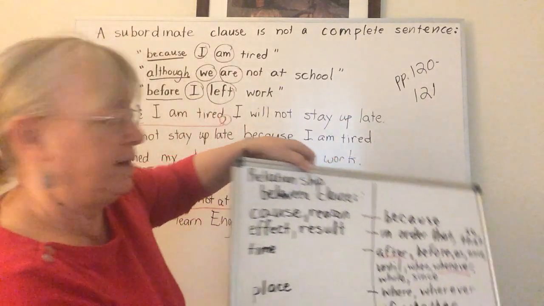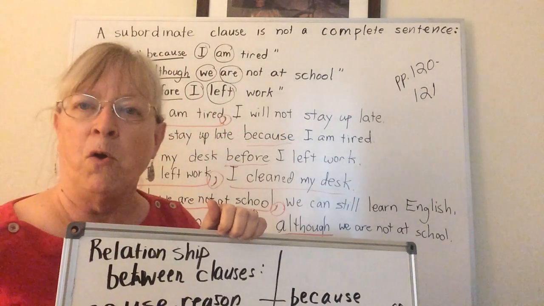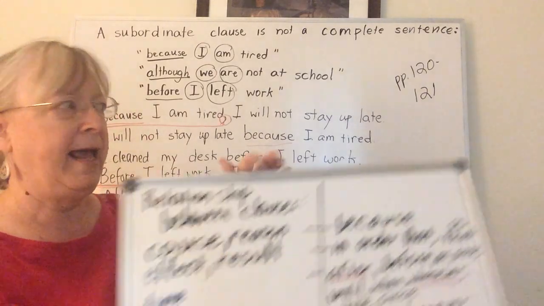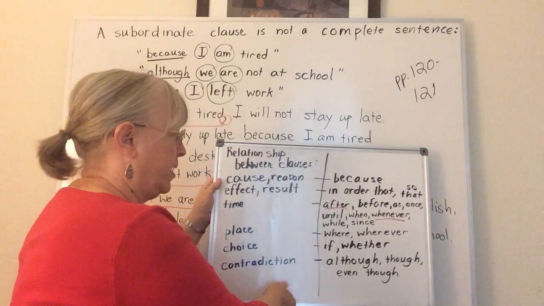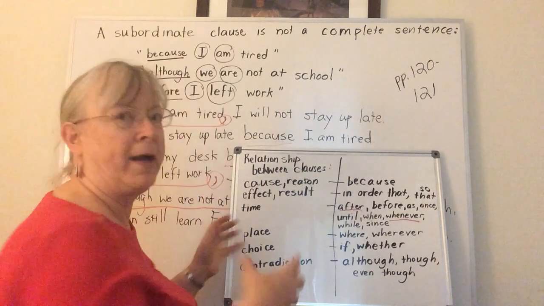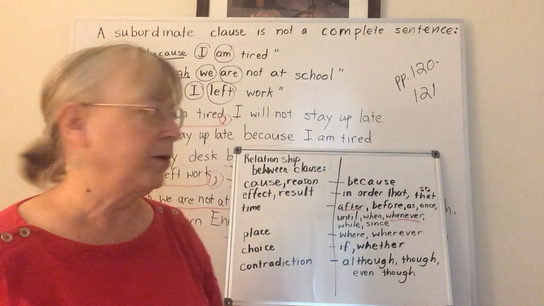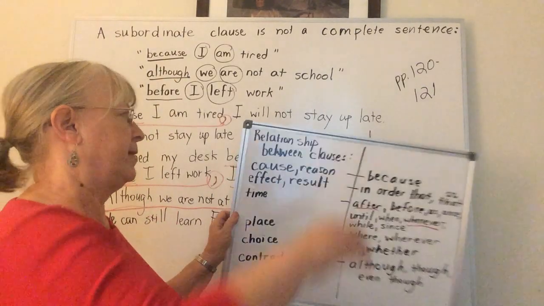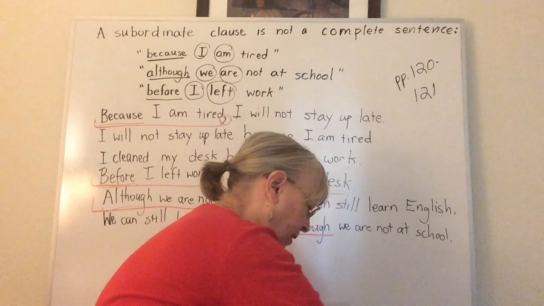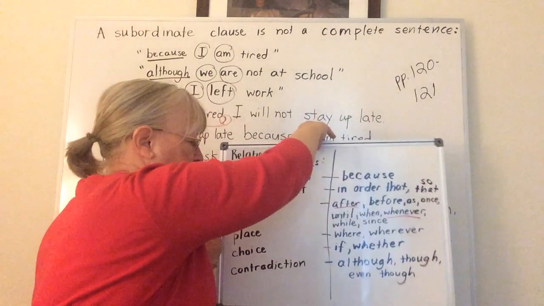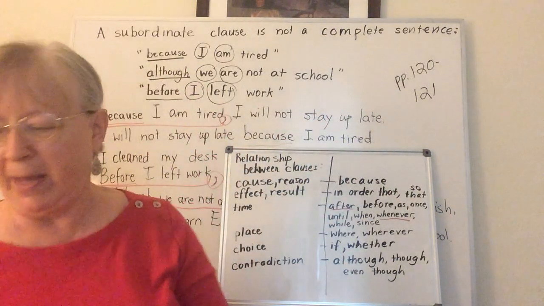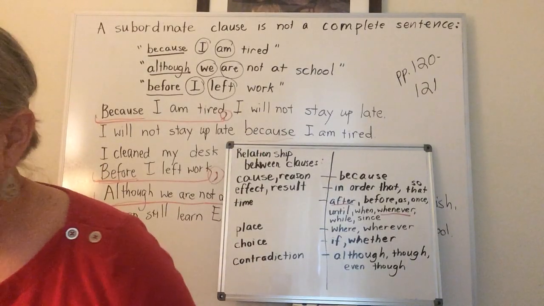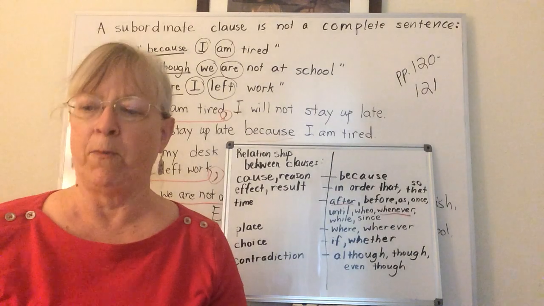Now, in our last lesson, we were starting to look at conjunctions that were used to join clauses. And we looked at coordinating conjunctions. So let's look in your book for just a minute. We're going to go back to page 118 where we were.